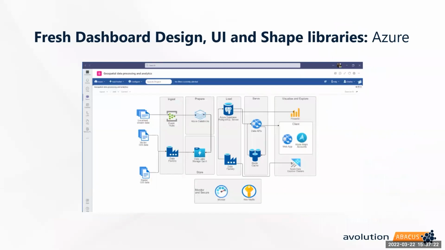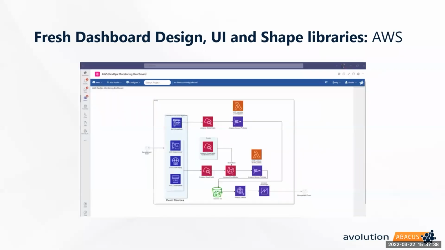We are constantly updating the libraries that we have within the tool as well. I quickly mentioned specific frameworks earlier on, things like TOGAF, Archimate, BPMN, standard notations, but we do of course have full UI and library shapes for Azure and AWS as well.